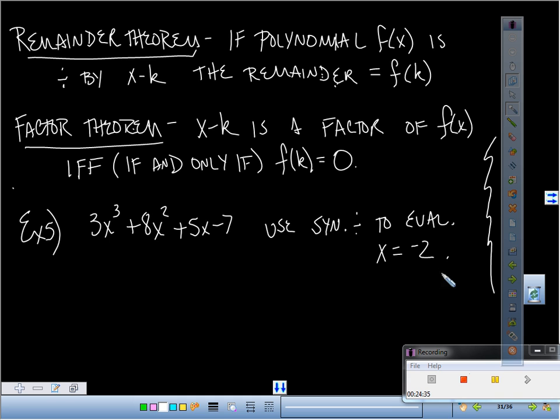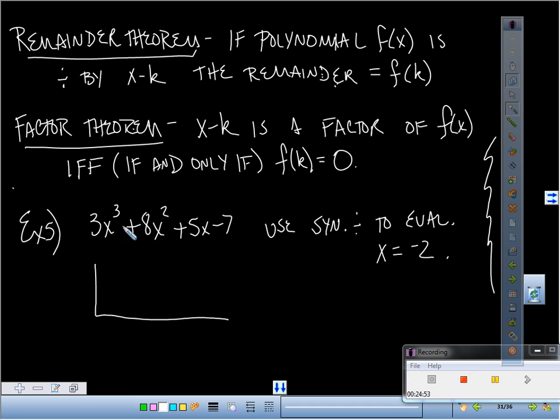Okay, now what could I do? Yeah, you could just plug it in, but that's not the way they asked me to do it, is it? They asked me to use synthetic division, so that's what we're going to do, because they want us to practice at it. Guys, that little 50-point test, if you don't know how to do synthetic division, you're not going to pass it.